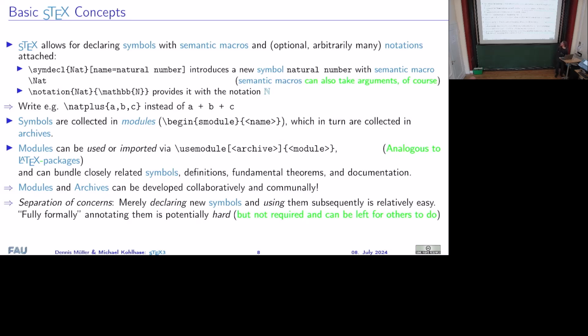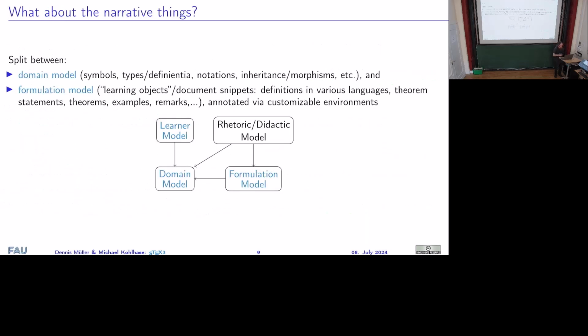But the nice thing is that using them is easy and you can leave the formal stuff to the people who actually care or have the expertise to do that. And if there's stuff that doesn't exist in the library yet, you don't need to care about the formal details at all. You can just declare your symbol and then go ahead and use it. And then leave it to others to subsequently at some point add the formal details if they want to.